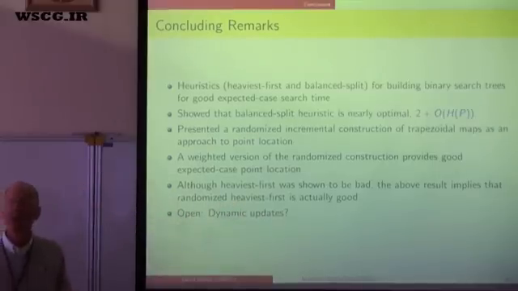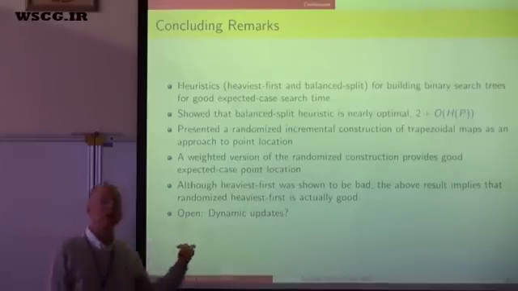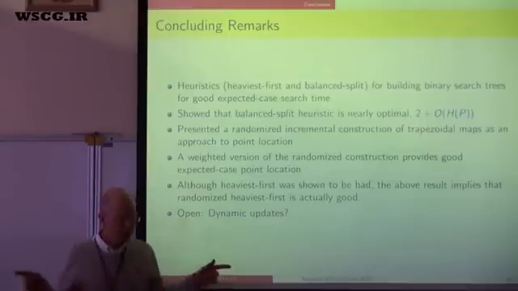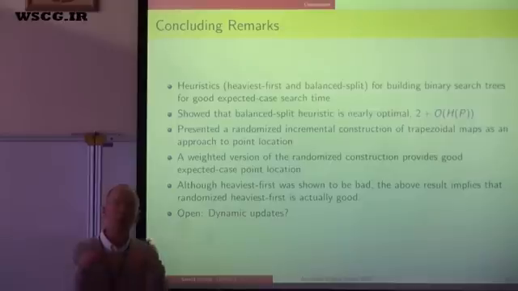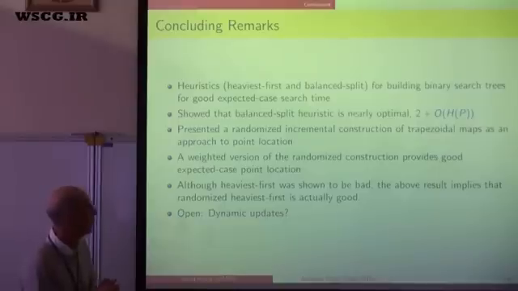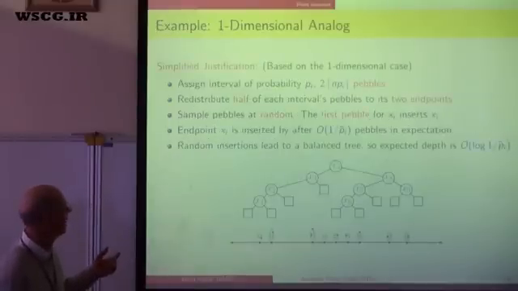There is actually a very simple variant of heaviest first, inspired by this algorithm. Rather than picking the heaviest interval every time, you treat the weight of a node as a probability, and you do a weighted randomized algorithm where you pick the nodes in order.